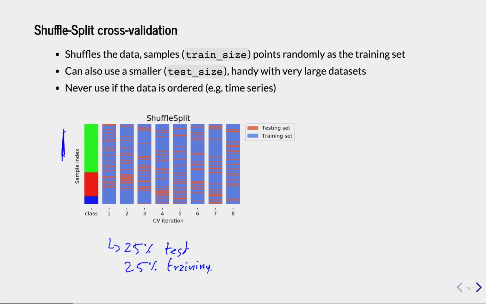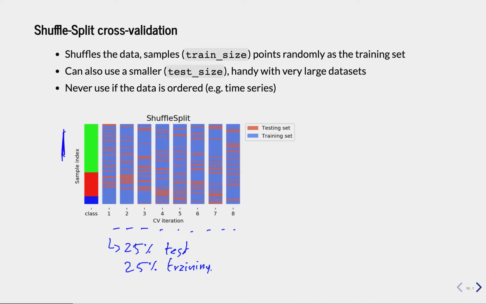Why? The main reason for this is if your data set is very large and you need to evaluate fast. Right, so say you have 1 million examples, then training all models on 750,000 examples can take a long time. So you can actually get a pretty good estimate by not using all the data, but using enough iterations of part of the data.